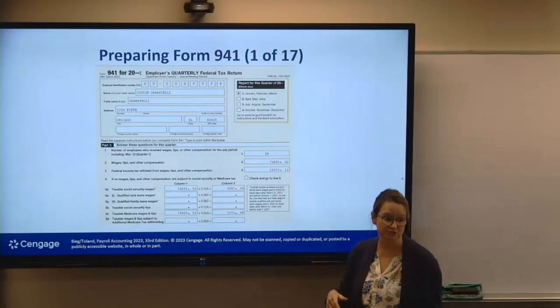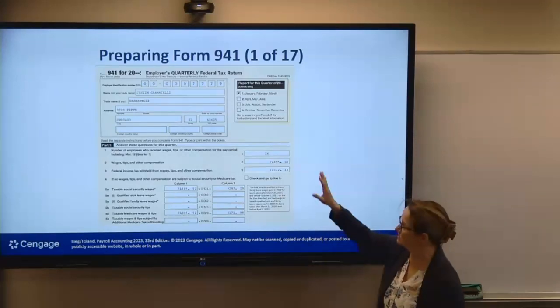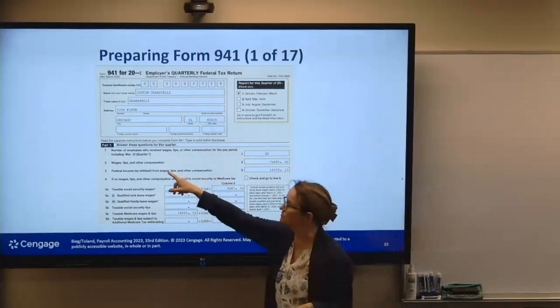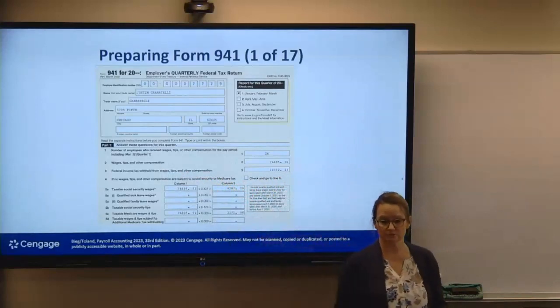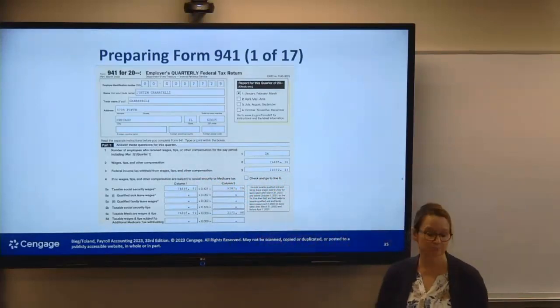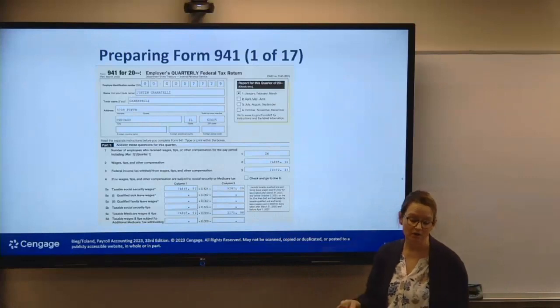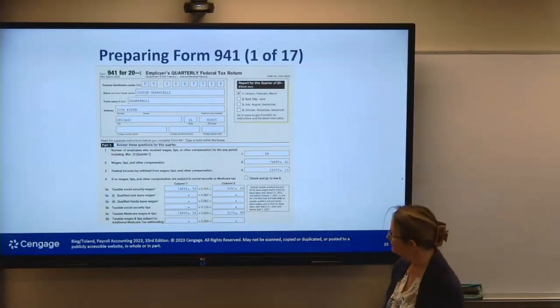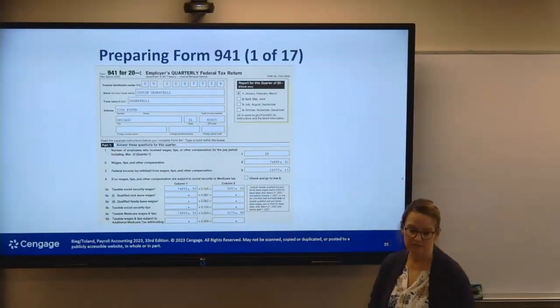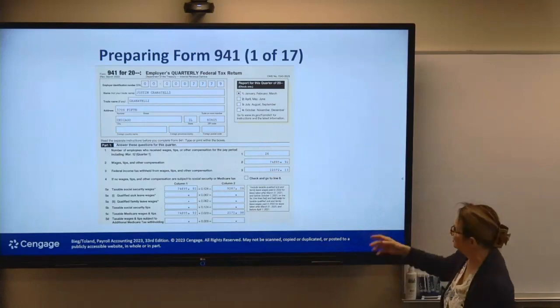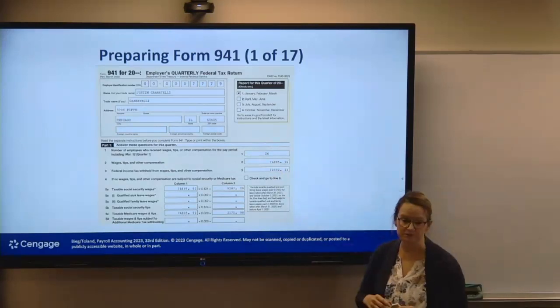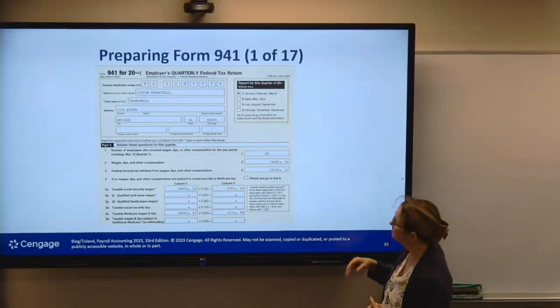But for our purposes in this chapter, just think of it as the total wages. It includes tips and other compensation, like bonuses, commissions, all of that stuff that we talked about that is subject to taxation. All of that for the quarter is totaled on that line 2.